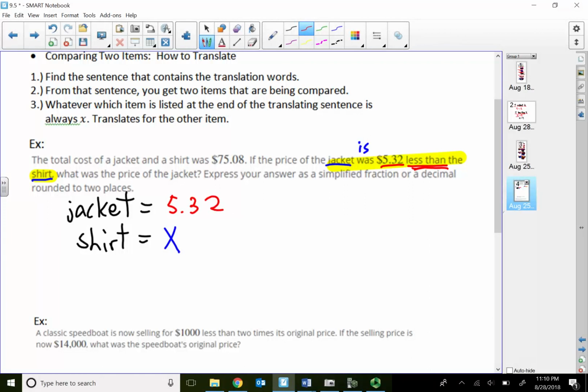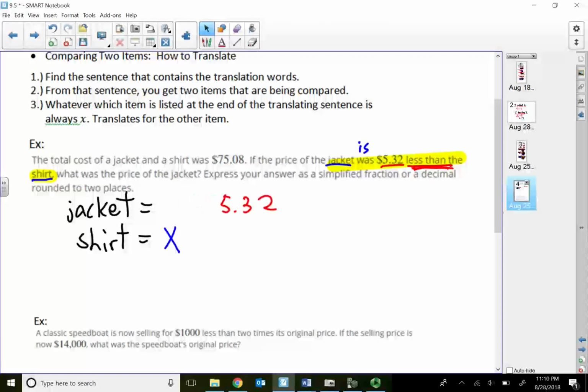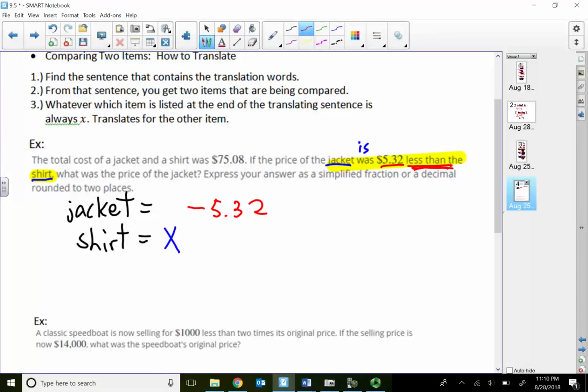When I see the words less than, remember, we write a subtraction sign in front of what we just wrote. The price of the jacket is $5.32 less than the shirt. So subtract the shirt. The shirt we already say is X.